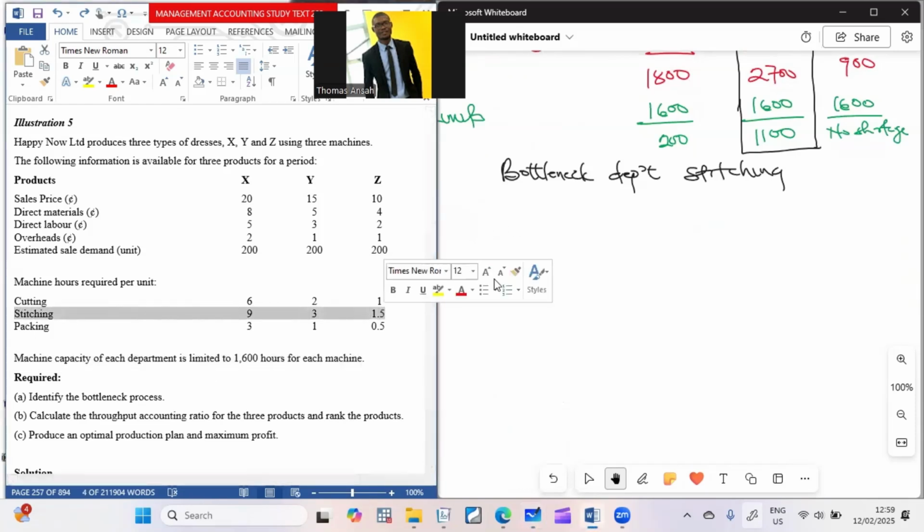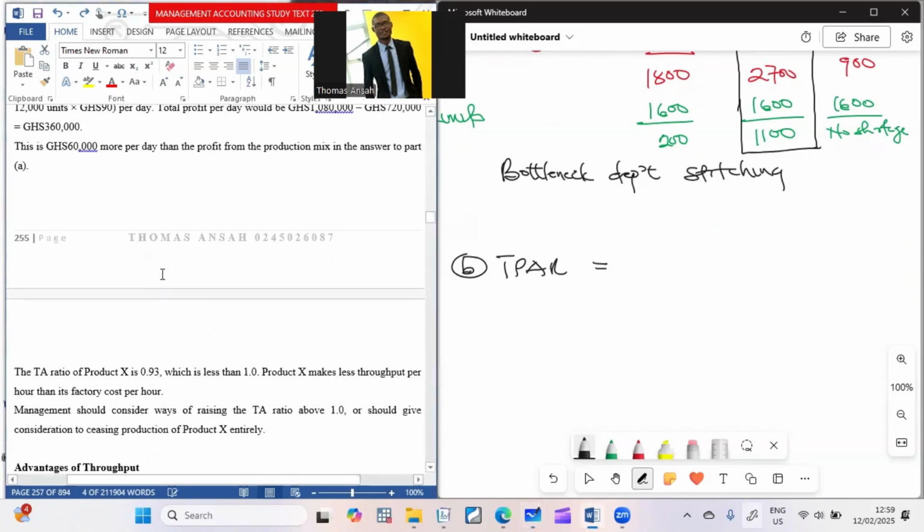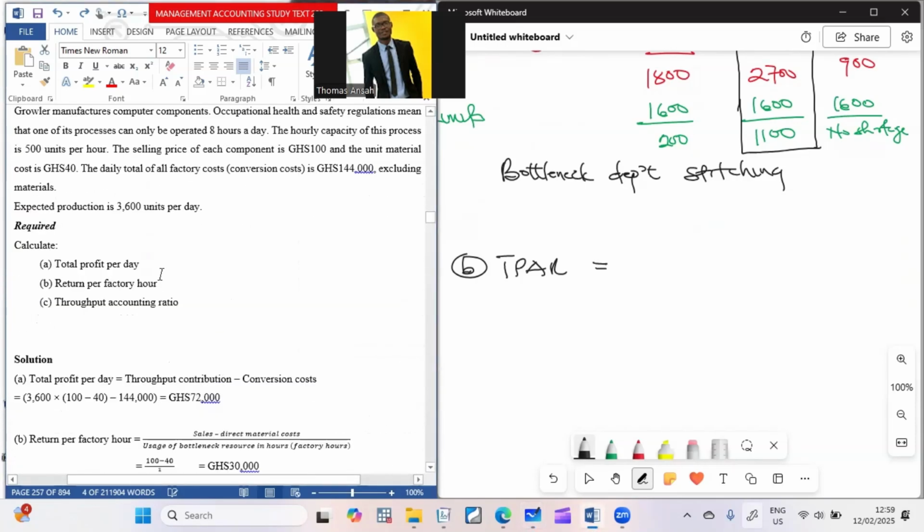The next thing, which is the B part, is asking us to do the throughput accounting ratio. Do you remember the formula I gave you? If you don't remember, let's get the formula one more time.